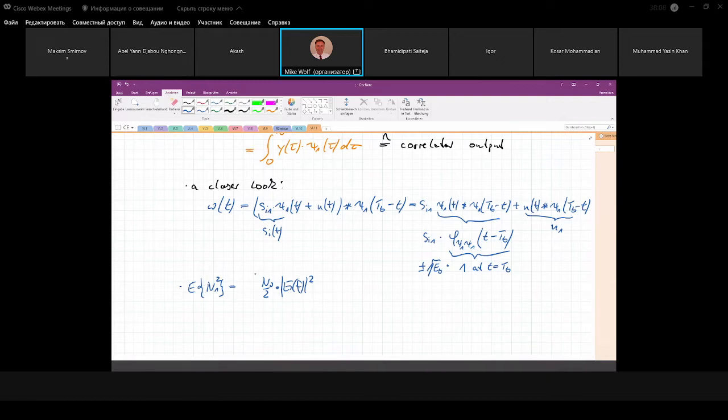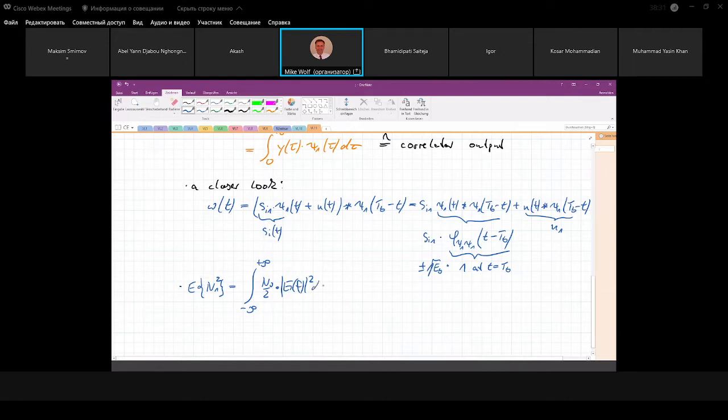Then we have to integrate the noise power from minus infinity to plus infinity to get the total noise. This is basically the autocorrelation function of the filtered noise at the output at tau equal to 0, which is the same as the second moment.